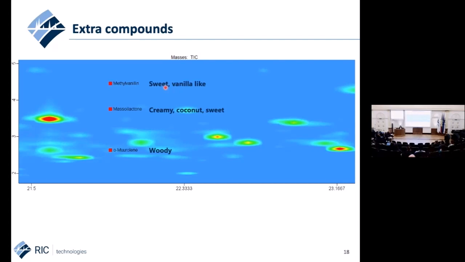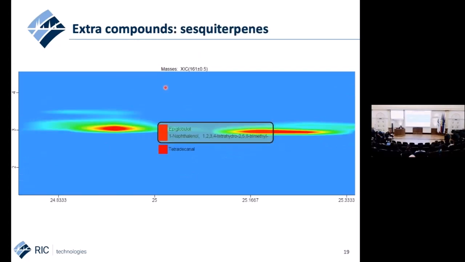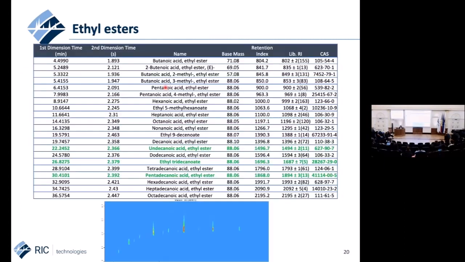Sesquiterpenes are very important compounds which come from the hop, so often related to the quality of the hop. We saw here 2 other important sesquiterpenes which we identified in GC times GC data, which were not previously seen with 1D data. But let's look a little bit more into detail at groups of compounds.